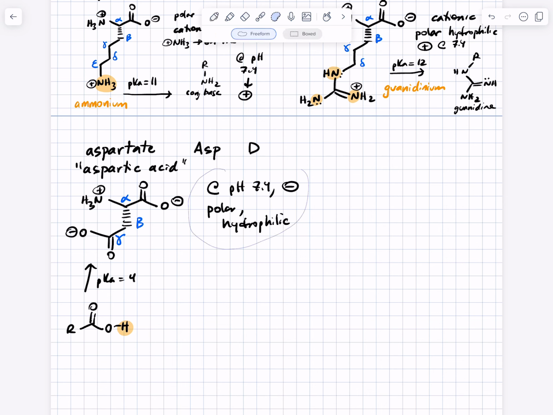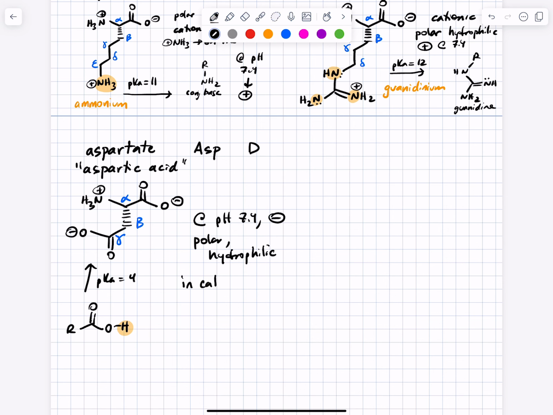Other than that, I think that's enough. You have seen aspartate before in the catalytic triad that is present in the lipase enzyme that hydrolyzes triglycerides.